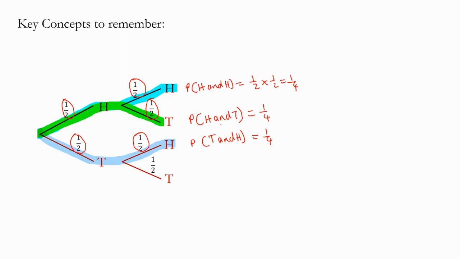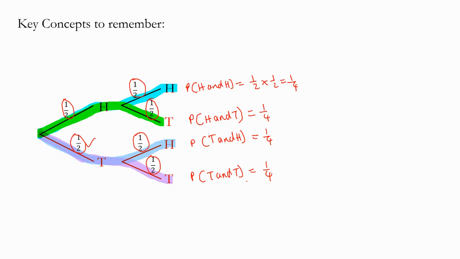And then the last one, probability of tails and tails, is going to be this half times half here, and we get 1 over 4. This is how you get the probabilities. You multiply across the branch.